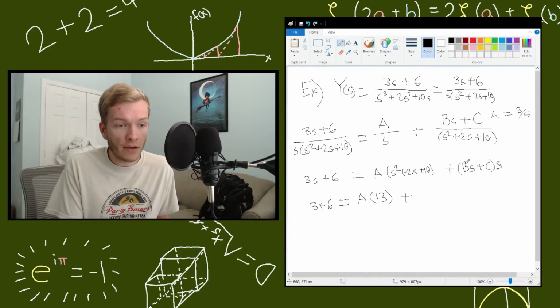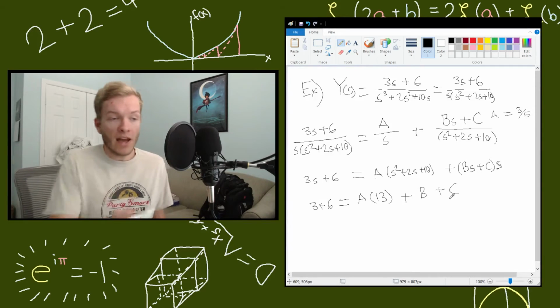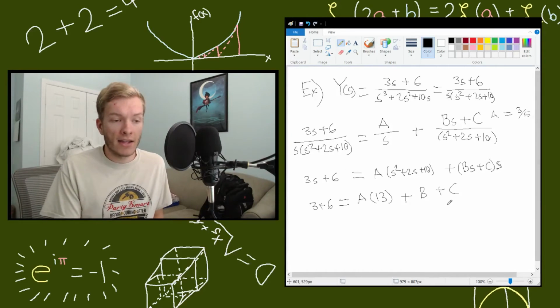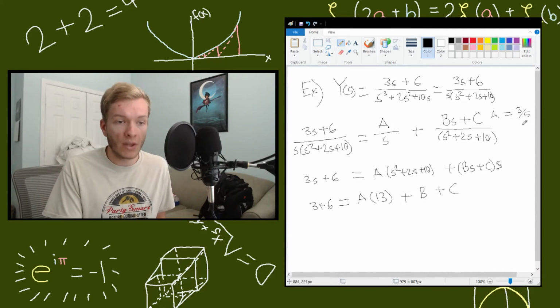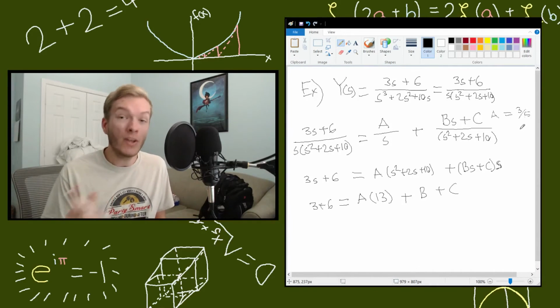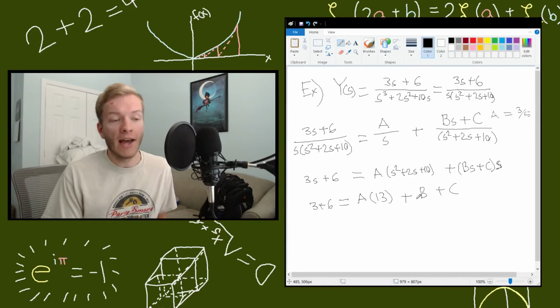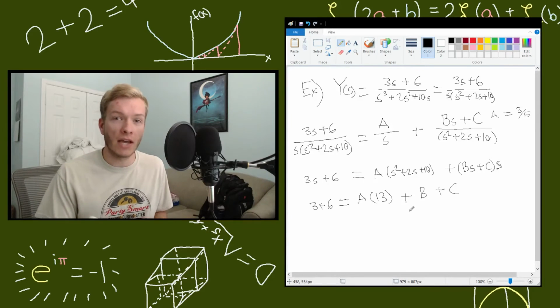And then we have our b times 1, and then this s is also 1, so we're going to have b plus c. So we now have a second equation. Now, we can't get enough information from this only having one solution, but we can plug in another number, and that should be able to give us the answer we're looking for.